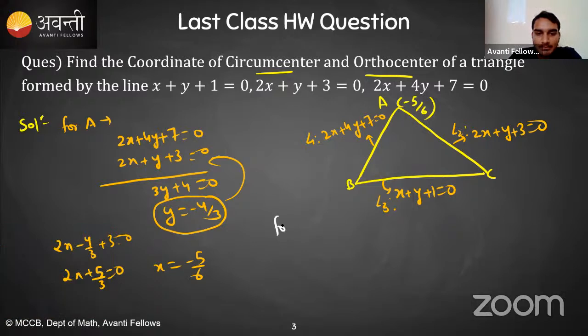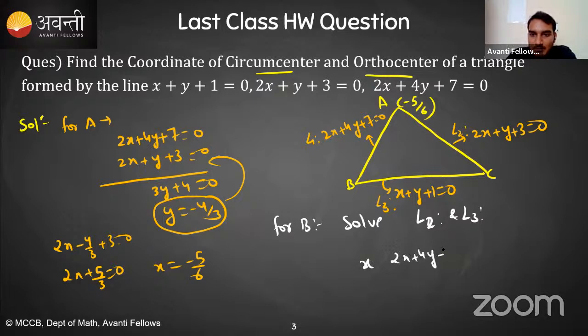Now for B, solve L2 and L3, right? So how will we solve it? Subtract. So you will get 2x plus 4y plus 7 is equal to 0 and 2x plus 2y plus 2 is equal to 0.